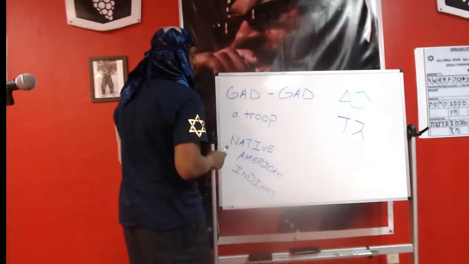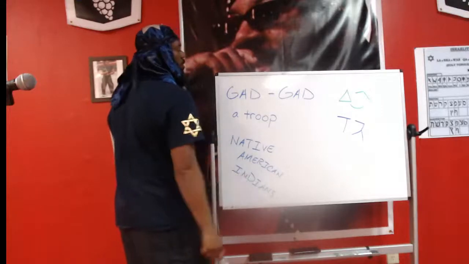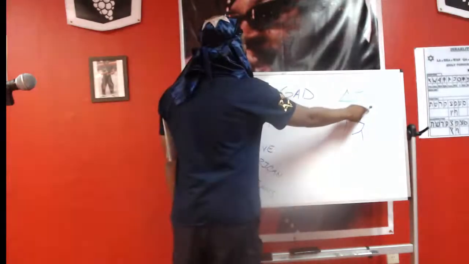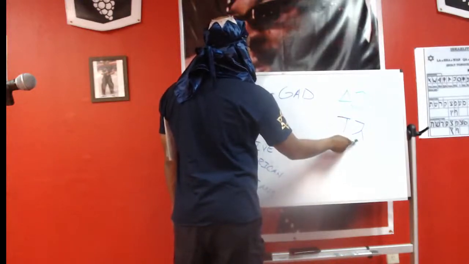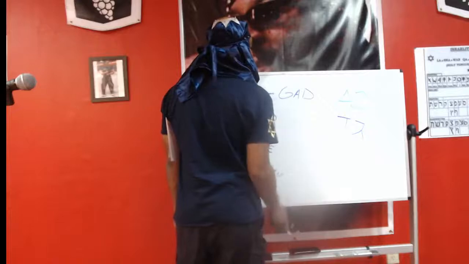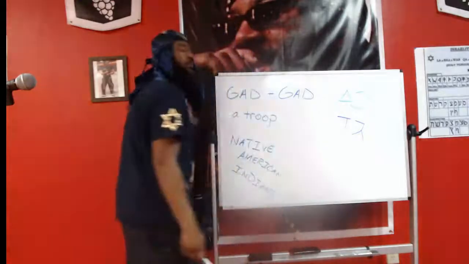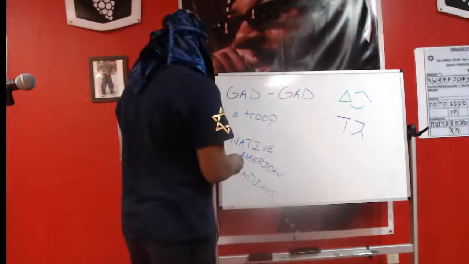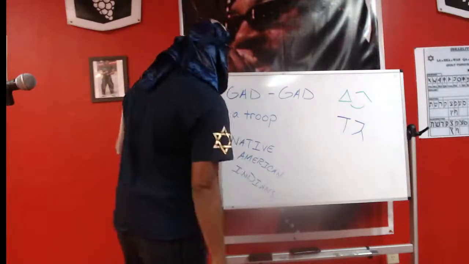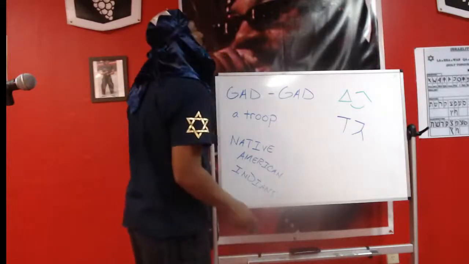They are the so-called Native American Indians. And here is how we write it out in ancient Hebrew. Remember the bridge? And Assyrian. Voila. Messiah Christ.